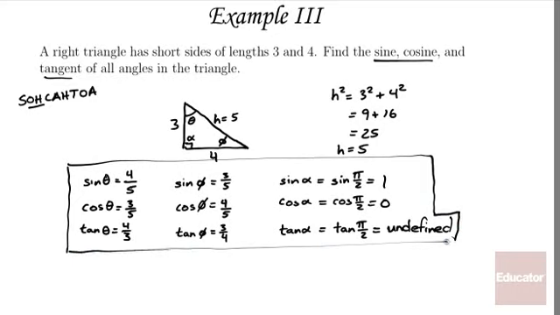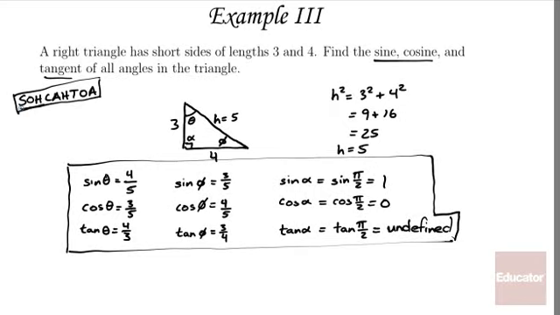So all of these angles were things we worked out just using this one master formula, SOHCAHTOA. That tells you the sine, cosine, and tangent of the small angles in the triangle. SOHCAHTOA doesn't really apply to the right angle, but we already know the sine and cosine of a right angle, of a 90-degree angle, because we figured them out before.